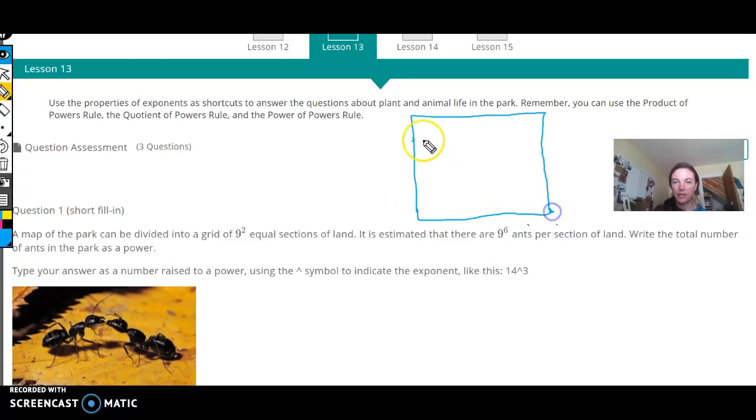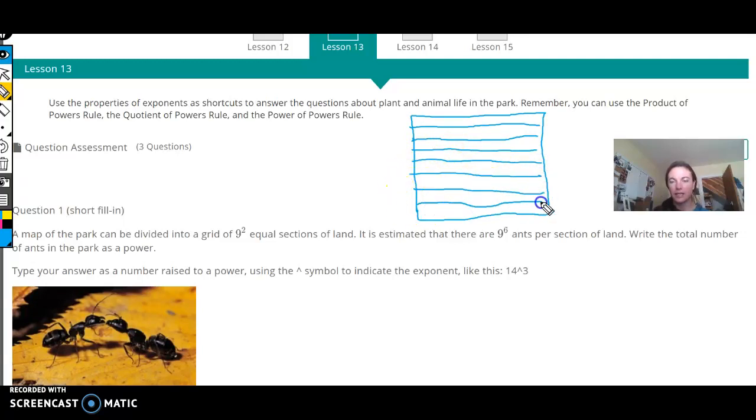let's imagine our grid, okay? So that gives me 1, 2, 3, 4, 5, 6, 7, 8, 9, and then the same way, 1, 2, 3, 4, 5, 6, 7, 8, 9.